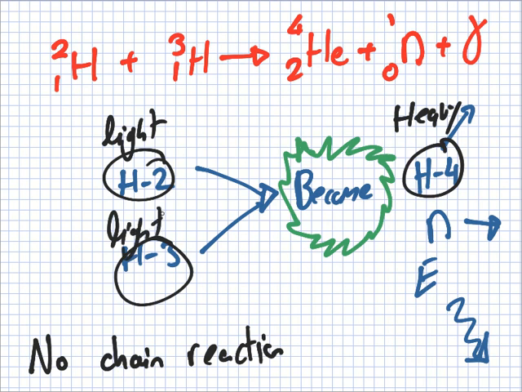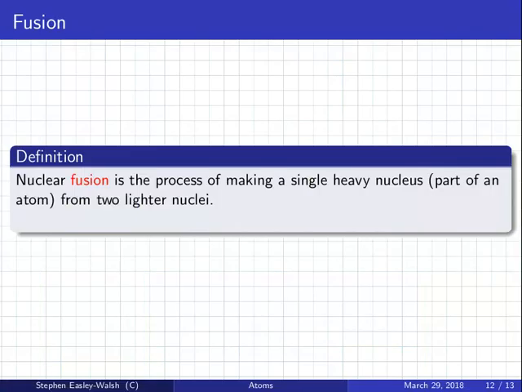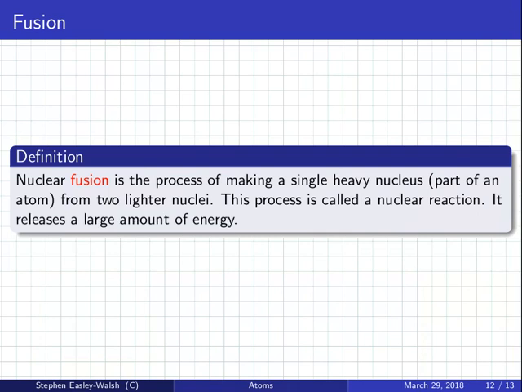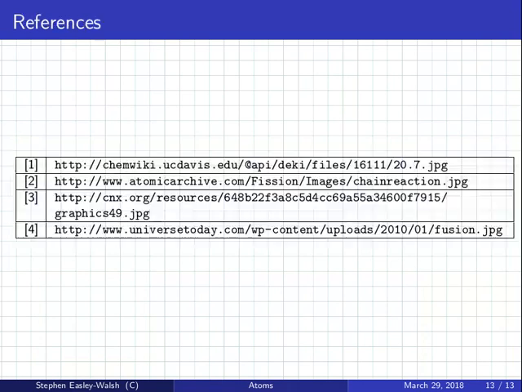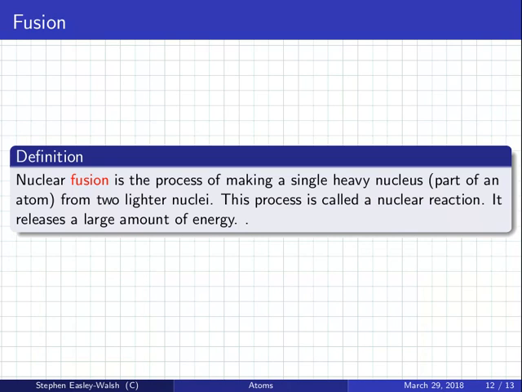Fission is you make two light nuclei from one heavy nucleus, whereas fusion is literally the opposite. This process is called a nuclear reaction as well, and it releases a large amount of energy. The first sentence is enough for the exam.